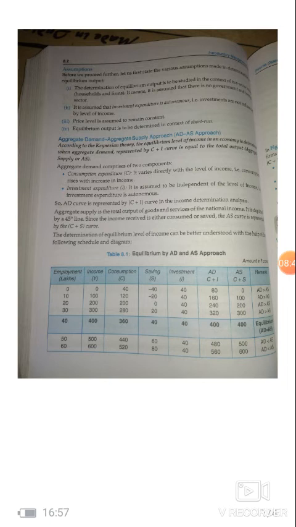Now in the next class or next video, I will teach you the first chapter of the new book, that is part B, the Indian economic development. The first chapter is Indian economy on the eve of independence.